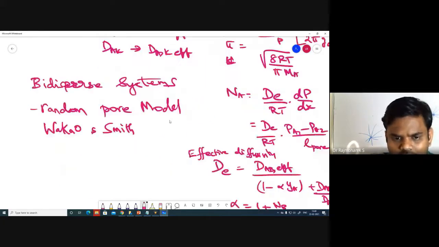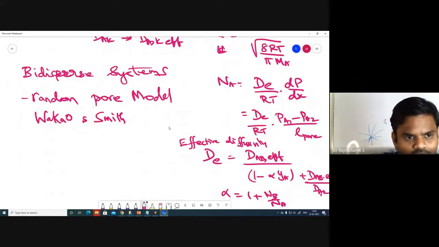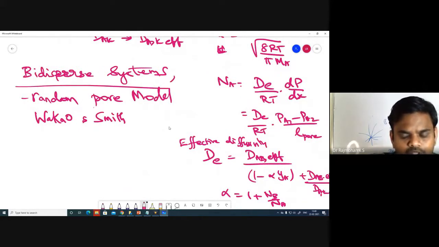We are interested in making use of the expression only. So for bidisperse systems where micropores as well as macropores are present, based on the random pore model, Wakao and Smith have proposed a correlation. This correlation is important for us to make use of.